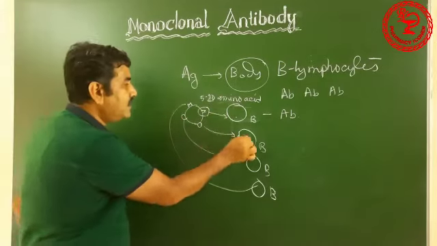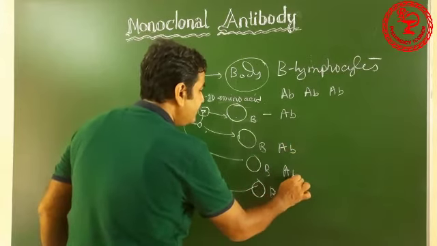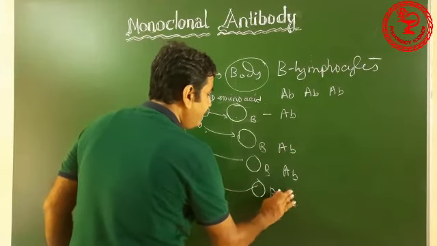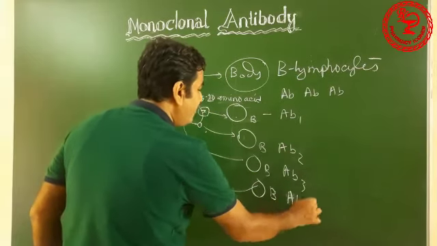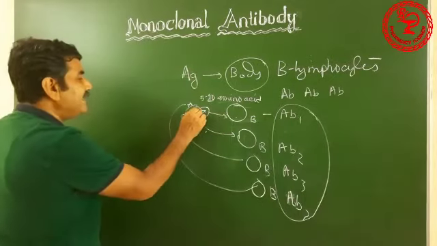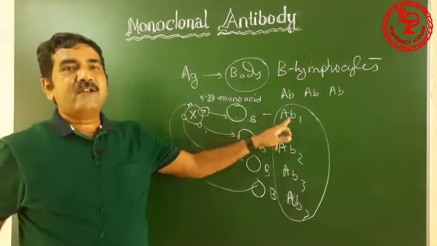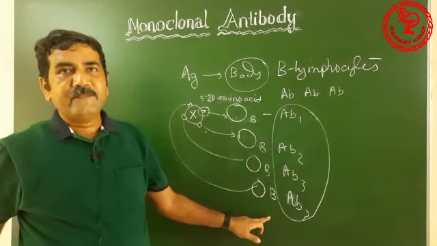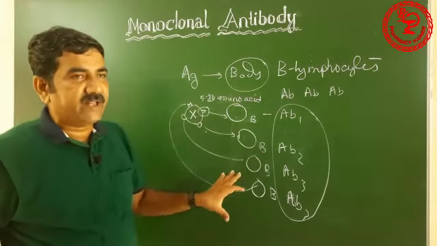So all will produce antibodies. If we indicate them as 1, 2, 3, 4, all these antibodies will react with this antigen. So they are not that specific.